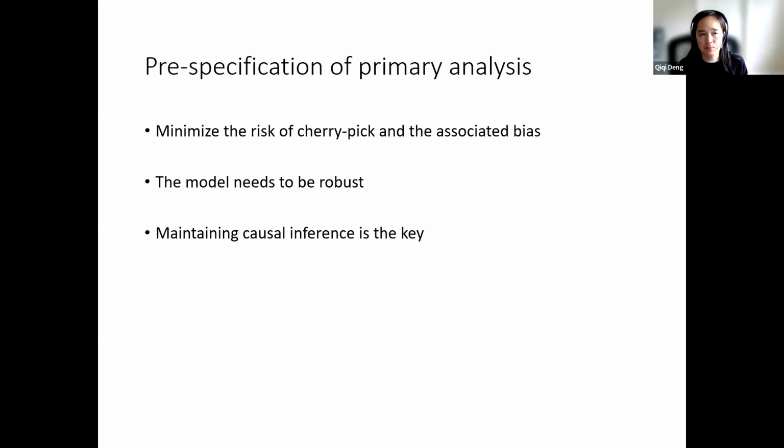It's very important to pre-specify the primary analysis. The reason we're doing that is we want to minimize the cherry-picking effect and the associated bias. And then whatever model we choose, it needs to be robust. And we want to make sure whatever we see in the end, if we have a difference between the test drug versus placebo, then that difference is caused by the treatment, not by something else. Therefore, maintaining causal inference is the key.